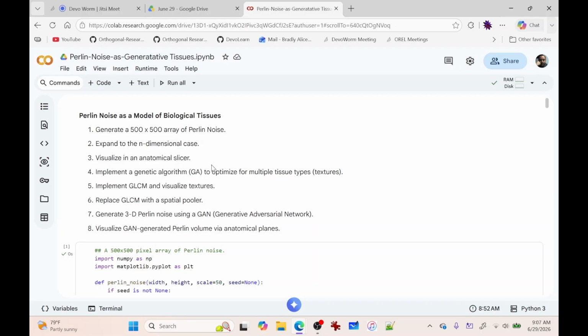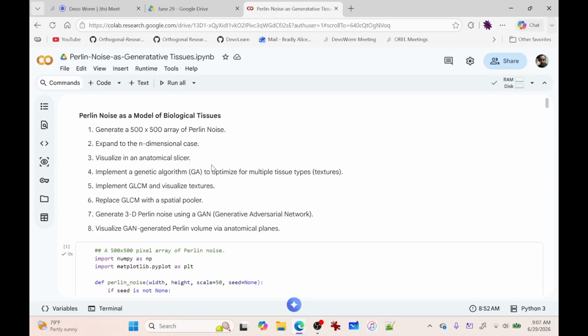The idea was to build some code for Perlin noise to generate a background for masking tumors in biological images. If you have a biomedical image of a tumor, oftentimes it's embedded in noise and you have to find ways to extract it from that noise.